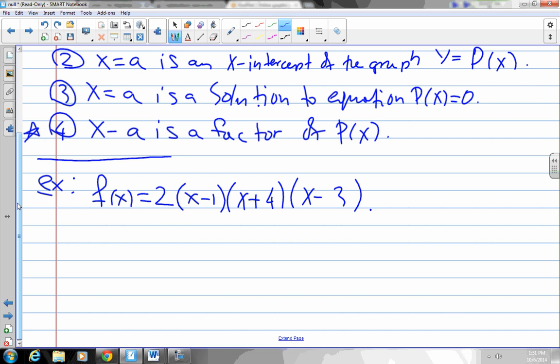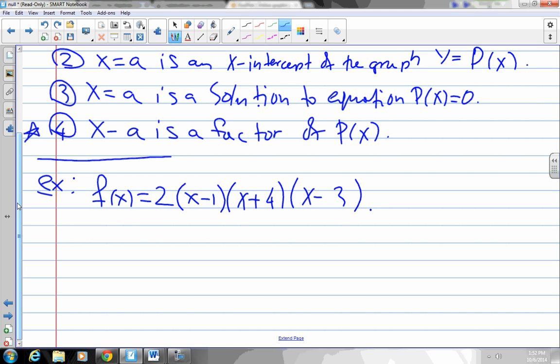If I ask you, find zeros of this function, how would you go about it? You're going to set the whole thing equal to 0, and since it's already factored, you're going to set each factor to 0, so the zeros of this function are positive 1, negative 4, and positive 3.